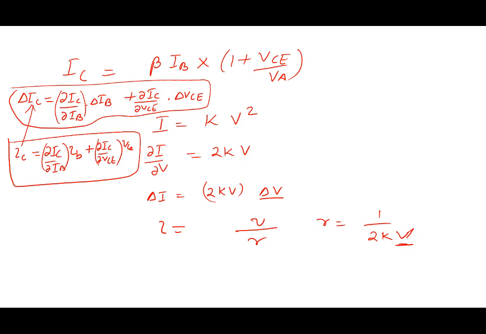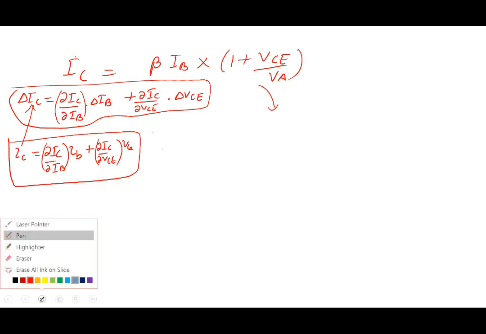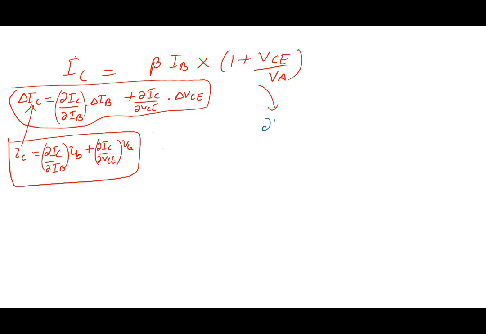Okay, let's look at this relationship, delta IC by delta IB. What do you think it is from here? Take a derivative. Delta IC by delta IB is beta into 1 plus VCE by VA.